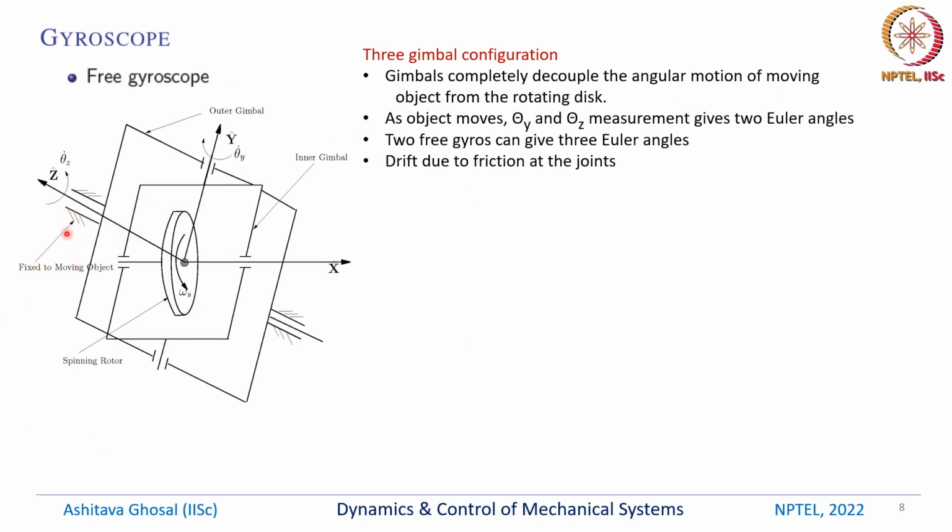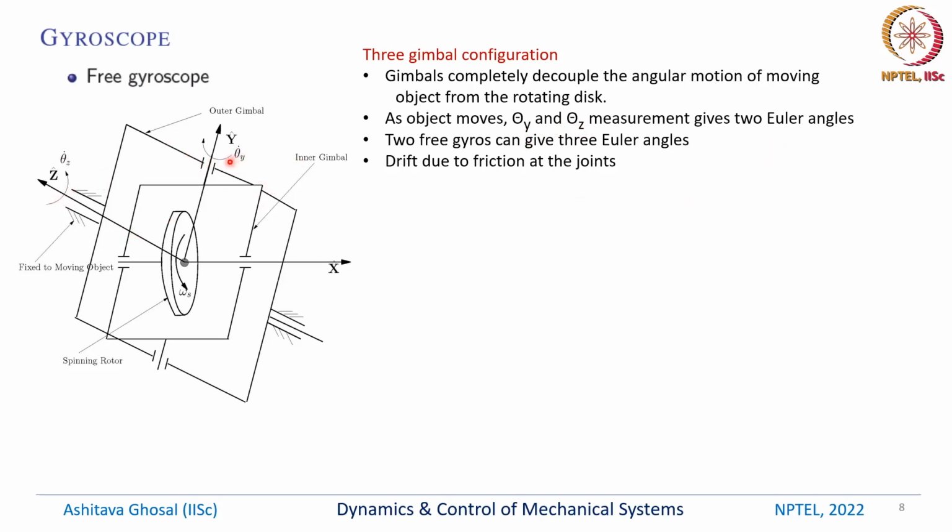So this is fixed on, let's say, a car or an airplane or a missile or something which is moving, and inside this moving object we have all these rings or gimbals, and finally a rotating disc. As the object moves, we could measure theta y and theta z, and it gives 2 Euler angles.